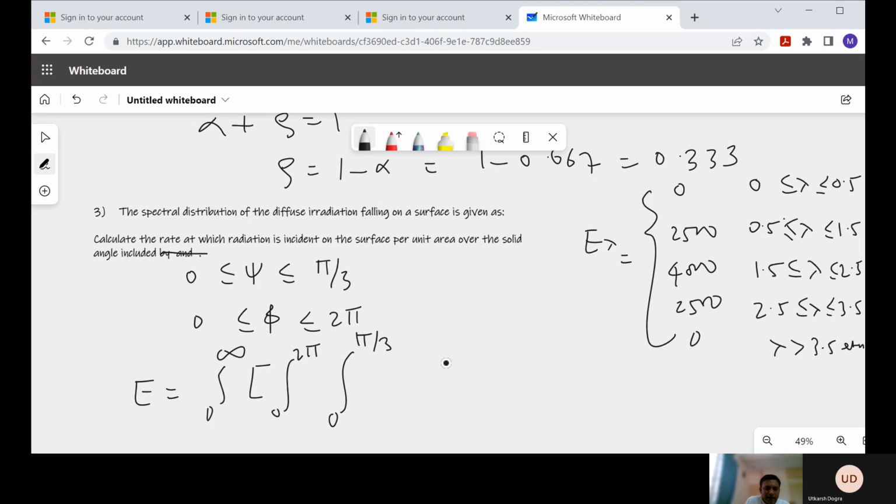And we have to write this as I lambda sin psi d psi d phi, and d lambda.